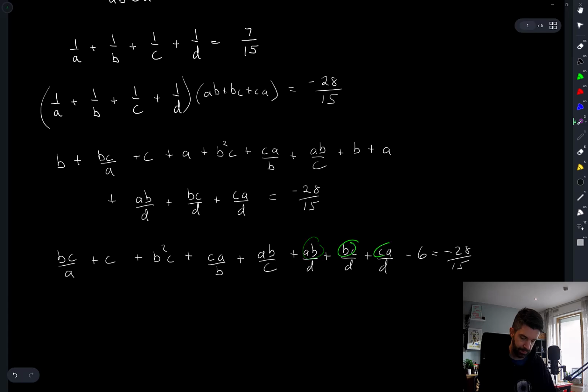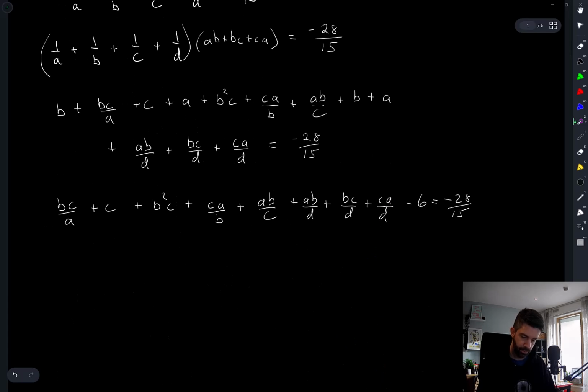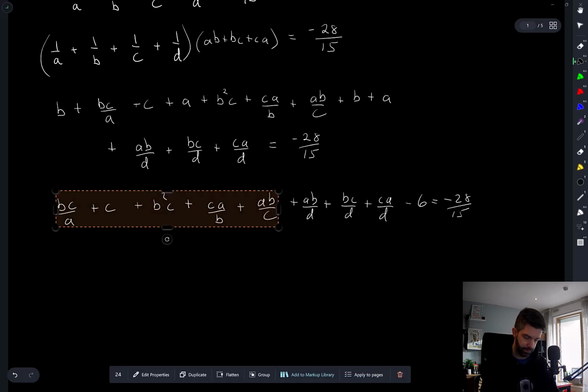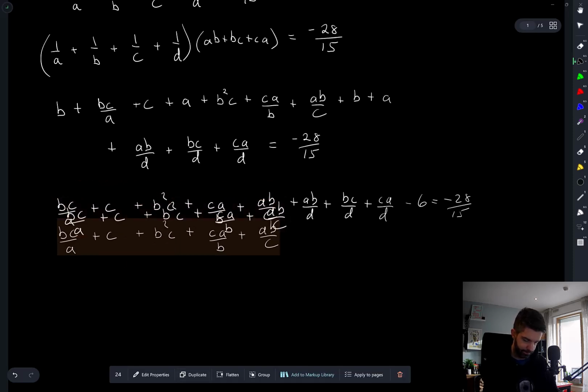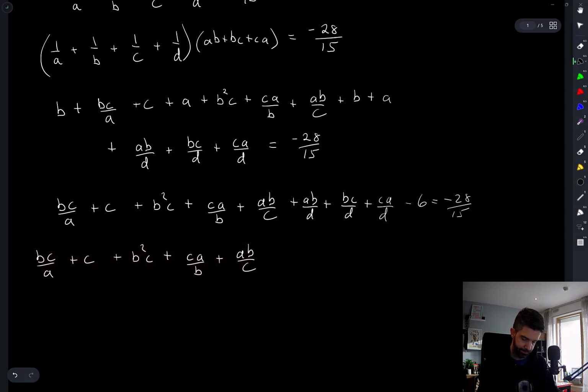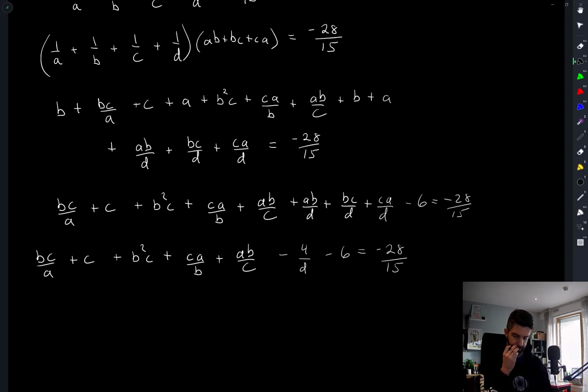AB, BC, CA. So that should be negative 4 over D. So we can do another little substitution here. Minus 4 over D minus 6 is equal to negative 28 over 15.